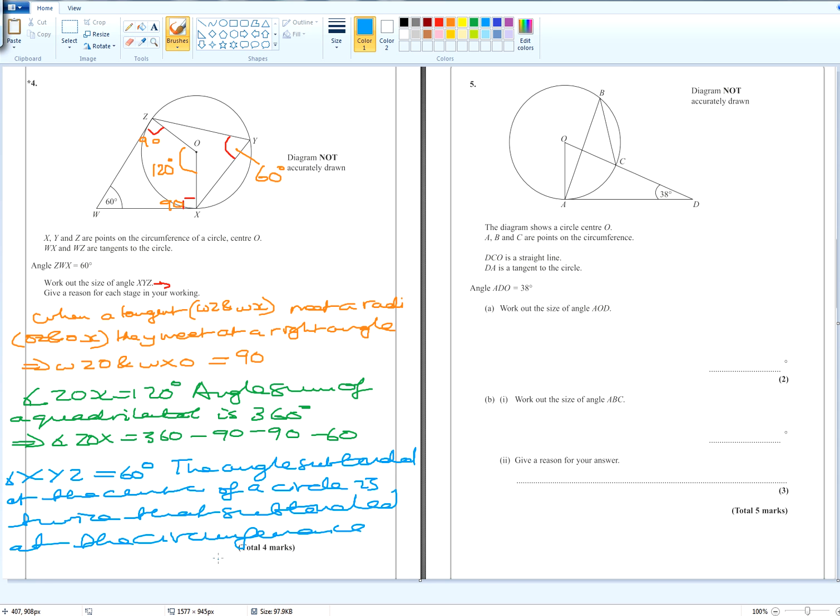So the calculation for that would be 120 divided by 2 is equal to 60. So you're making specific statements, and then you give the answer.